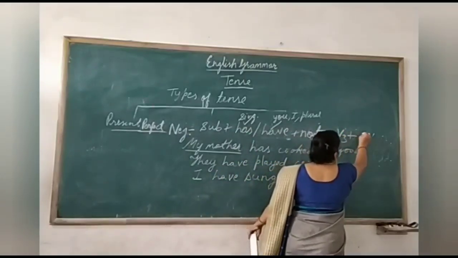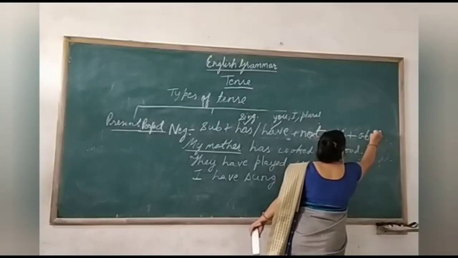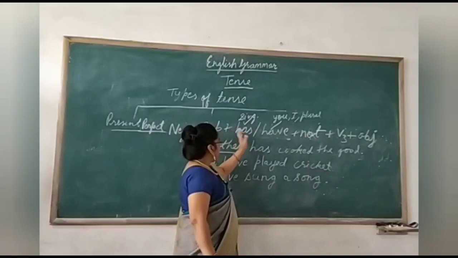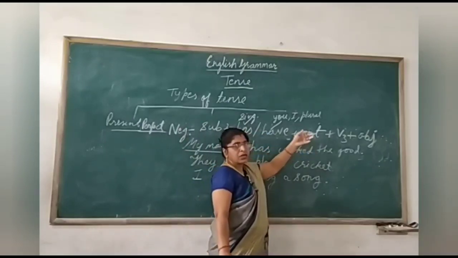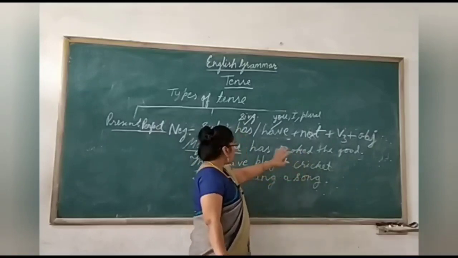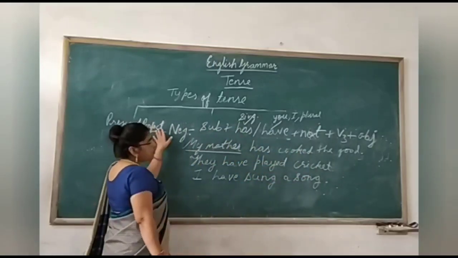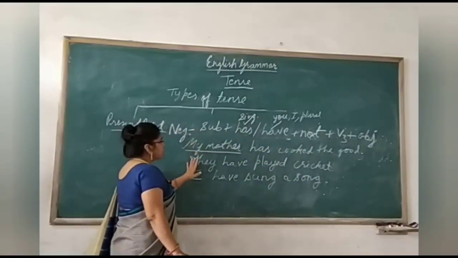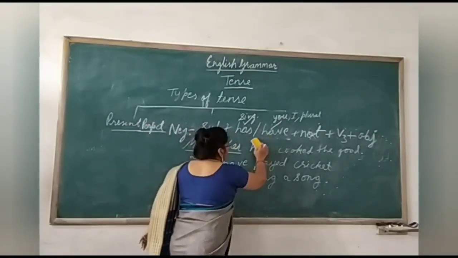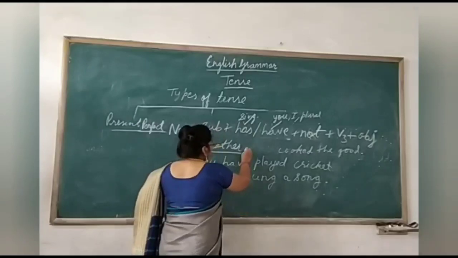Then V3, then everything is the same. In the structure we have added only the word not, because now we are learning the negative structure of this present perfect tense. So in this statement, where will we use this word not?